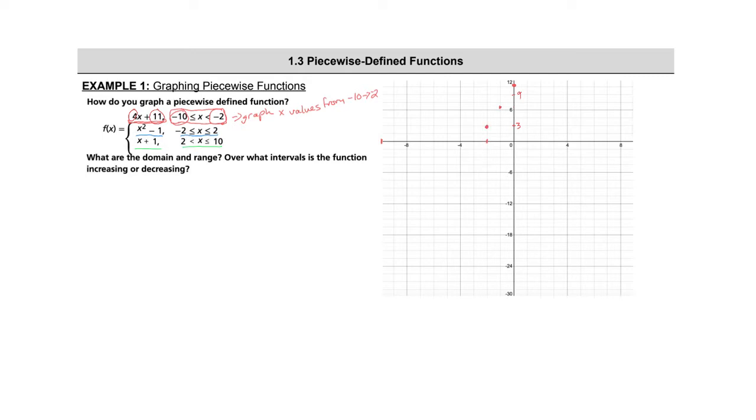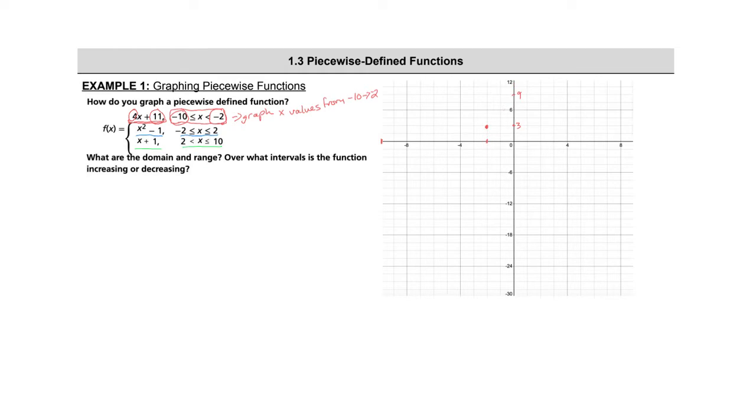Now we can erase these two points to the right because they're not on the interval from -10 to -2. They were just written to help us graph. That is not erase. This is erase.